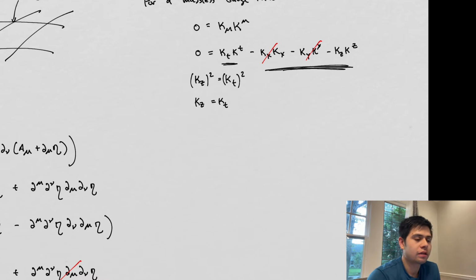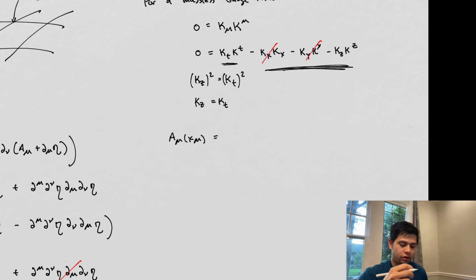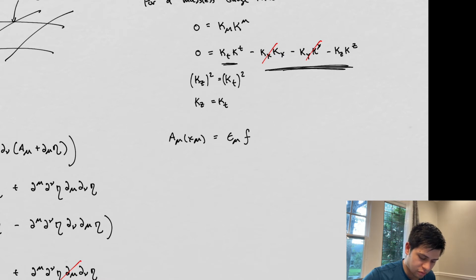And what does this mean? This means that if we recall A mu x mu, if we break this down into our space-time structure and our internal structure and our space-time structure.